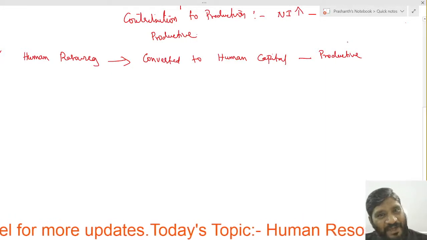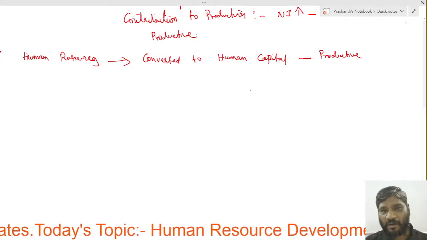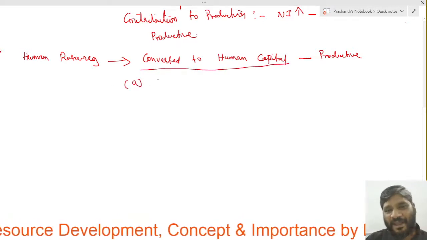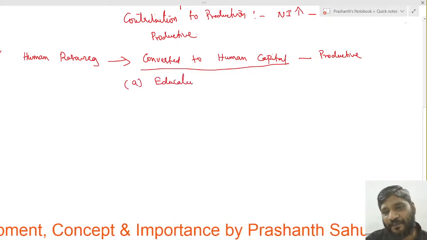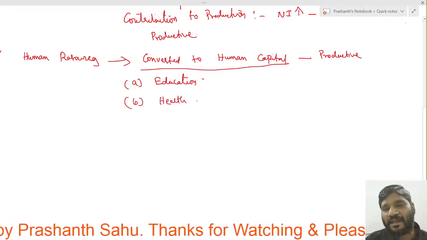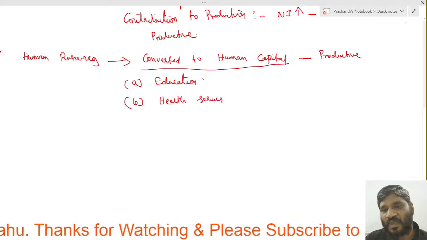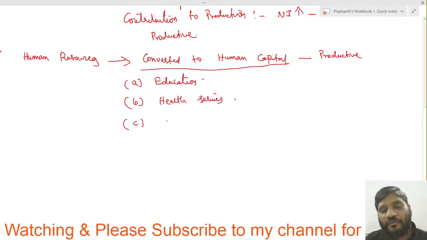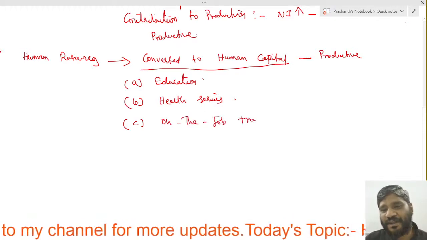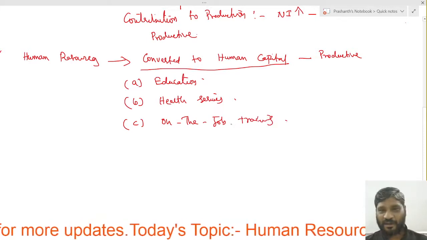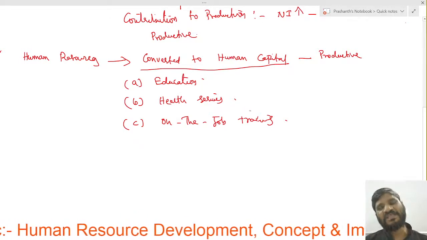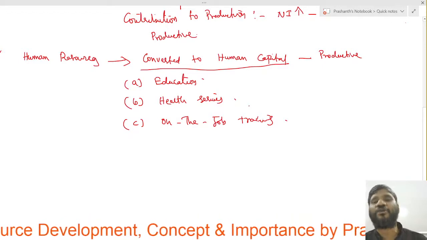So to convert the human resource into human capital, what do we require? Point A, we require education. Point B, we require good health services. And point C, we require on the job training.